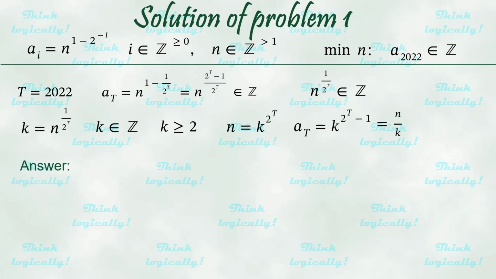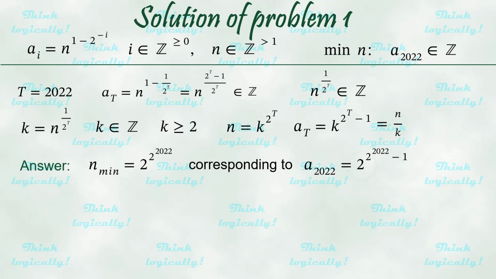So the answer is 2 to the power of 2 to the power of 2022. And the corresponding value of a is 2 to the power of 2 to the power of 2022 minus 1.